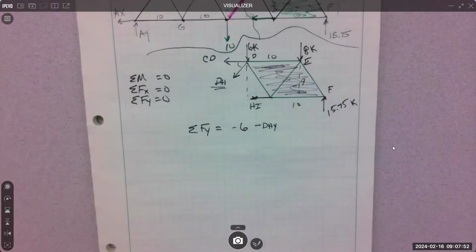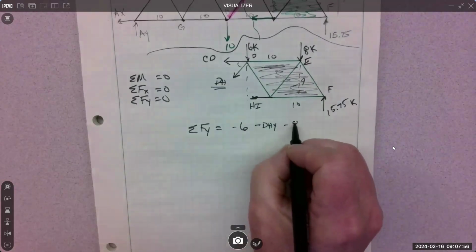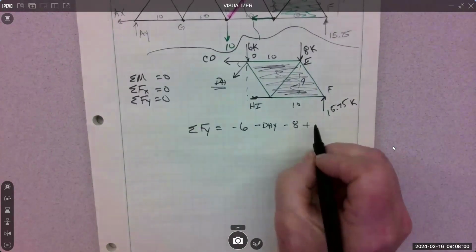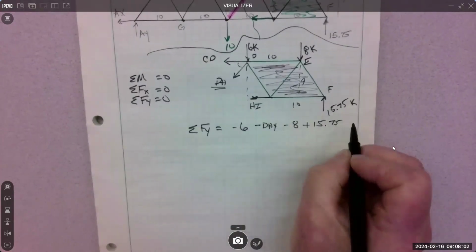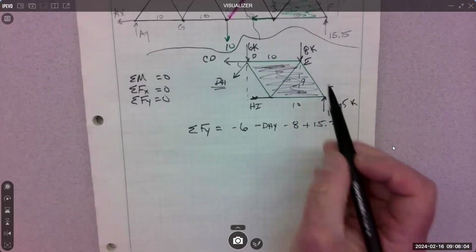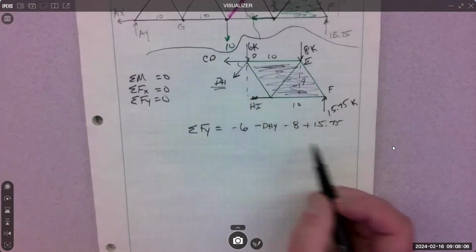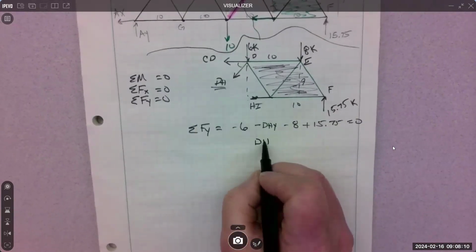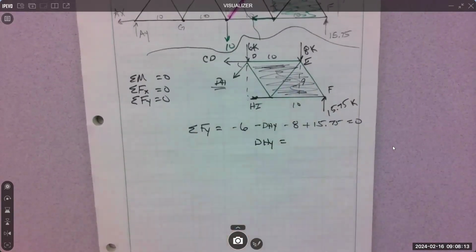What else? Forces in the Y. The 8. Yep, 15.75. Is that all of them? 1, 2, 3, 4. 1, 2, 3, 4. Set it equal to 0. DHY equals.